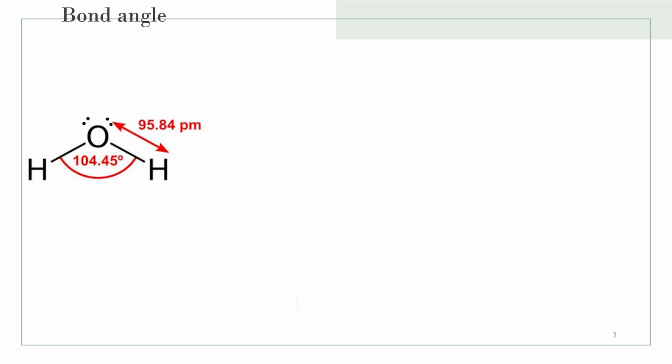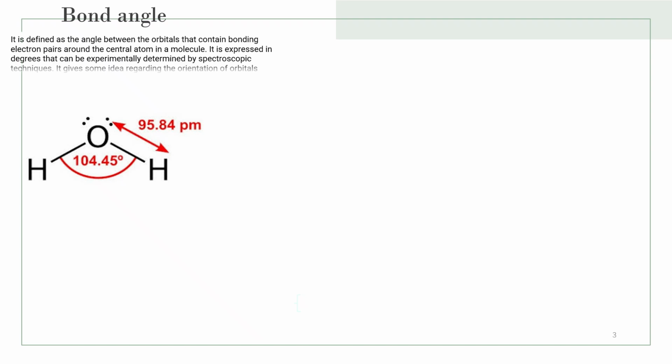Next is bond angle. See the example of water molecule. Here the oxygen is the central atom. This oxygen atom is bonded with two hydrogen atoms. Bond angle means the angle between the orbitals that contain bonding electron pairs around the central atom in a molecule. It is expressed in degrees and can be experimentally determined by spectroscopic techniques.